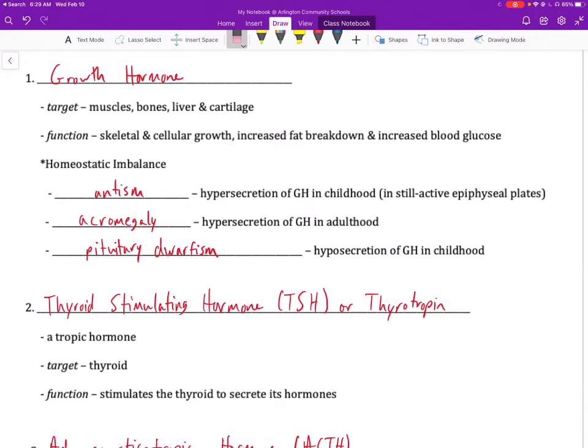A homeostatic imbalance here is gigantism, which is hypersecretion of growth hormone in childhood. We have acromegaly, which is hypersecretion of growth hormone in adulthood. And then we have pituitary dwarfism, which is hyposecretion in childhood. So the first two increase height, and this one is going to decrease height.